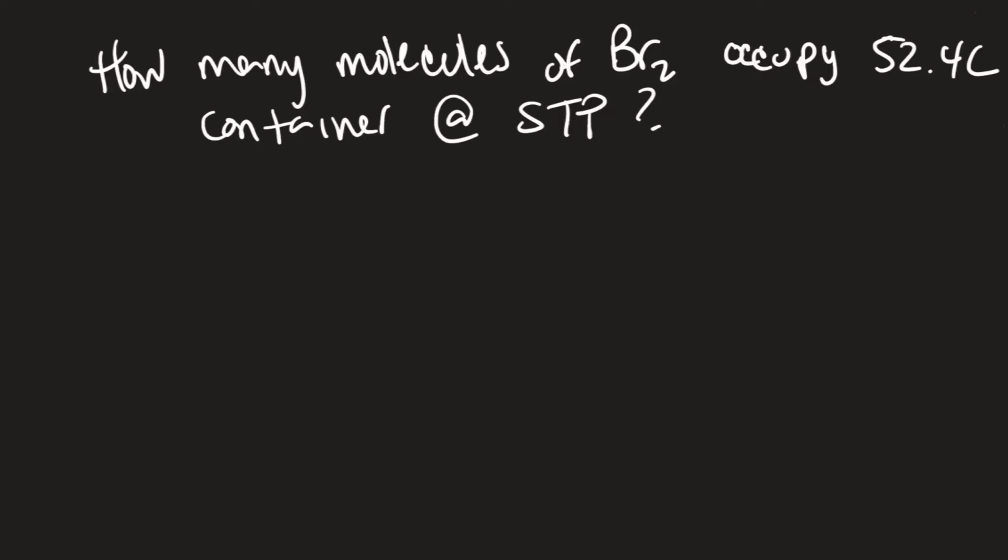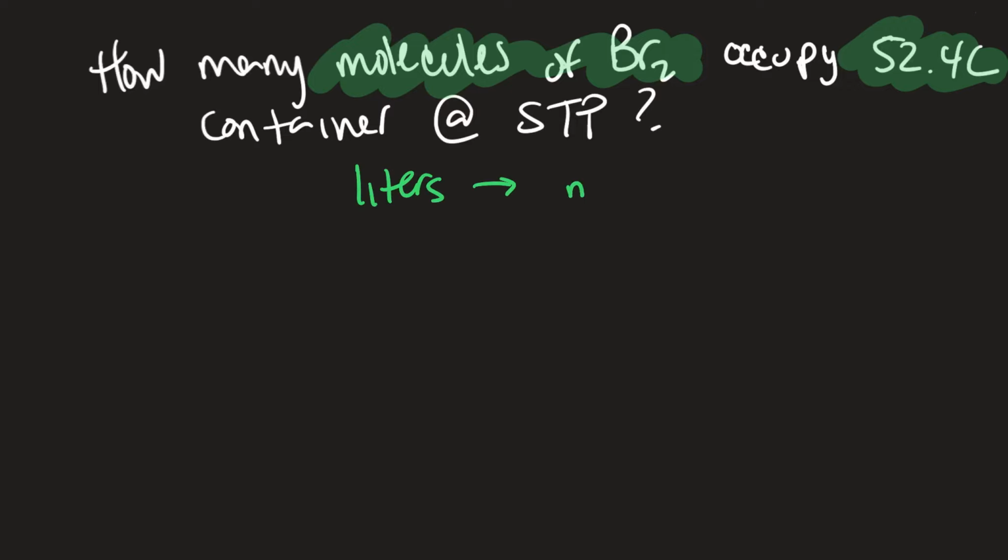So let's go back and highlight the units that we're talking about. We're looking at molecules of Br2, and we're looking at 52.4 liters of Br2. So we're going from liters to molecules. So we need to know what EQ statement, for our main EQ statement, will help us solve this problem.